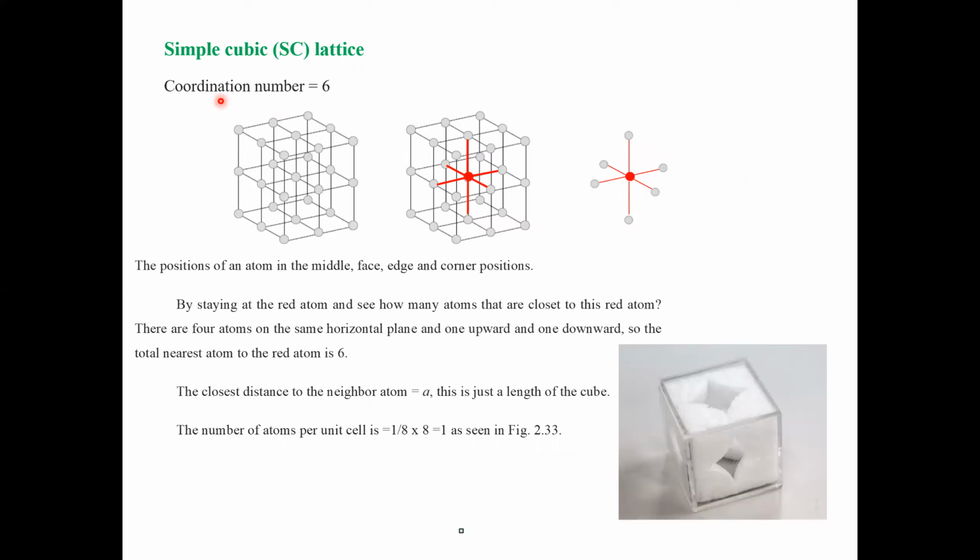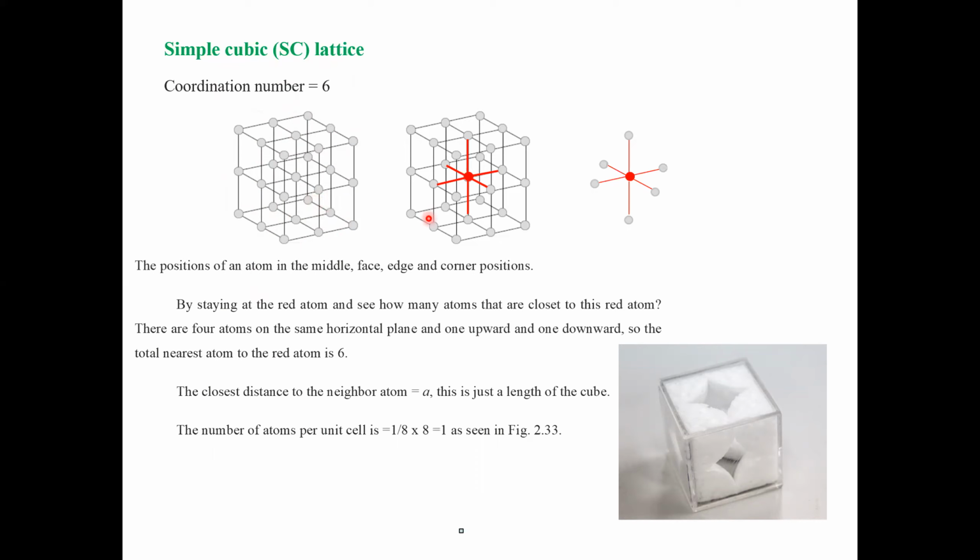Let's count the number of nearest atoms for the simple cubic lattice, or SC. I have 1, 2, 3, 4, 5, 6, 7, 8 unit cells here.